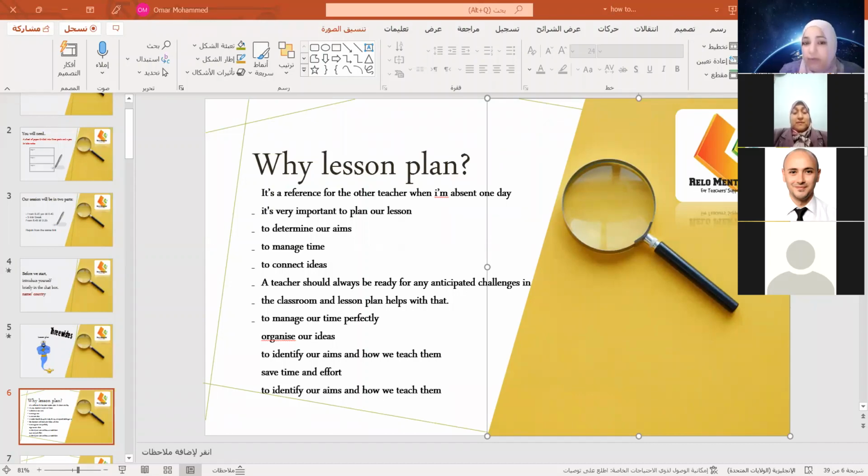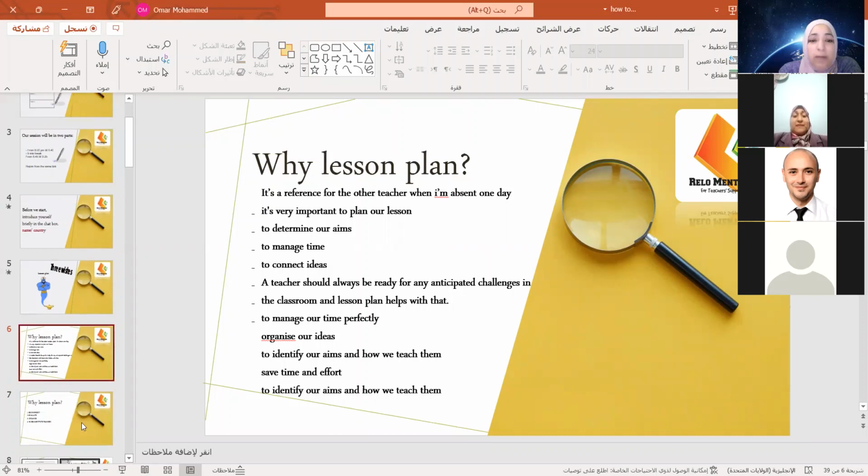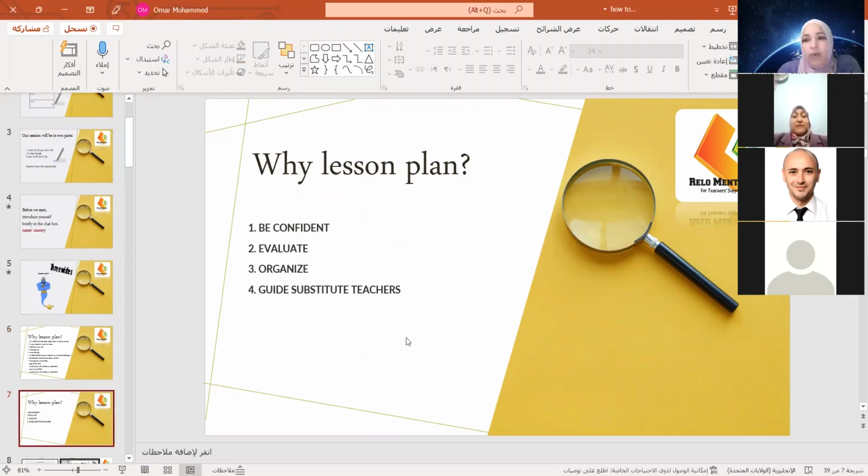To manage time, of course, to connect ideas, to be ready, to organize the ideas. So all of you did a great job here, and you mentioned lots of good reasons for having a lesson plan. To sum up all of these ideas, we can make them shorter by saying: first point, to be confident of your knowledge of what you are going to do.